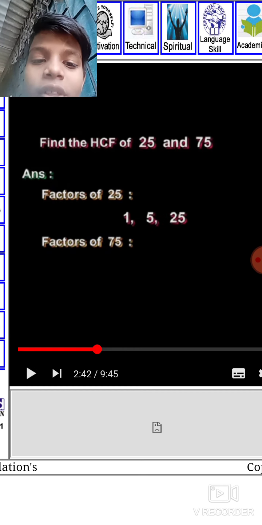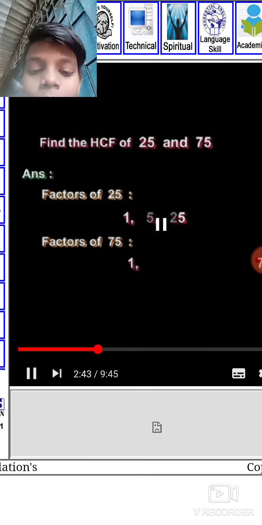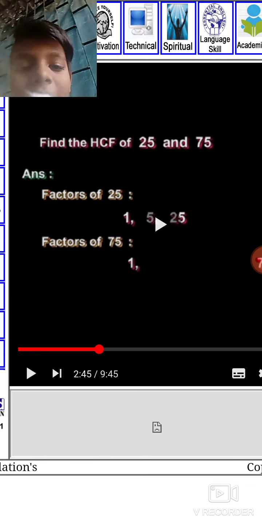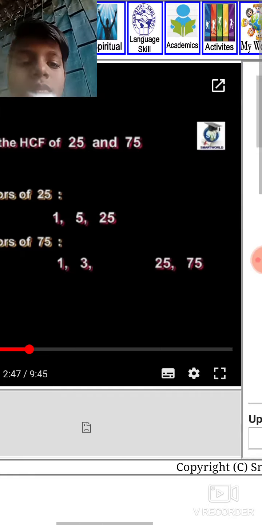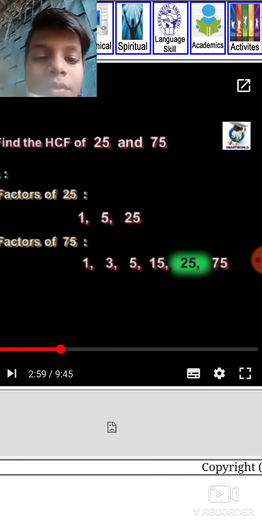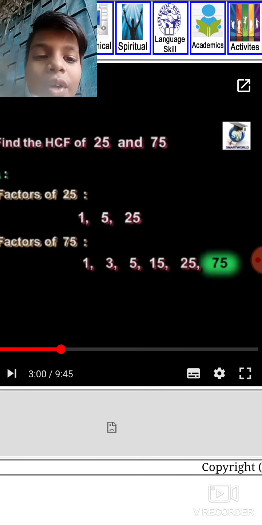Then factors of 75: 1 into 75, 3 into 25, 5 and 15. So the factors are 1, 3, 5, 15, 25 and 75.